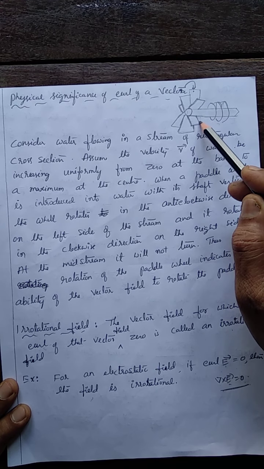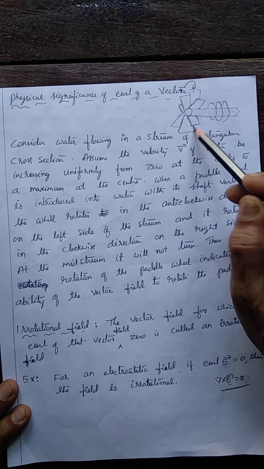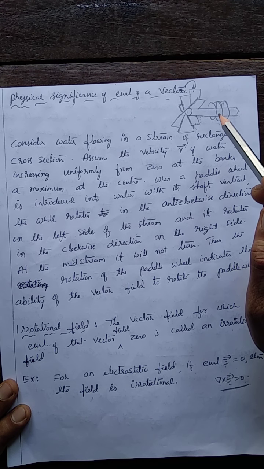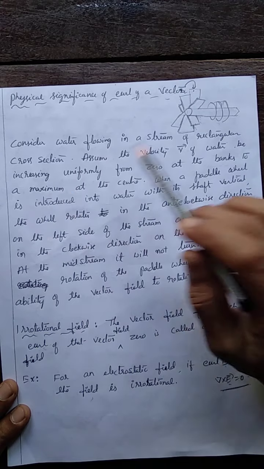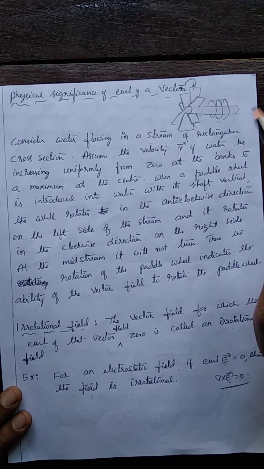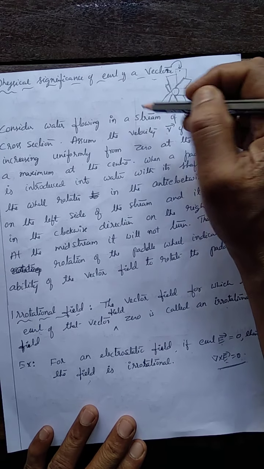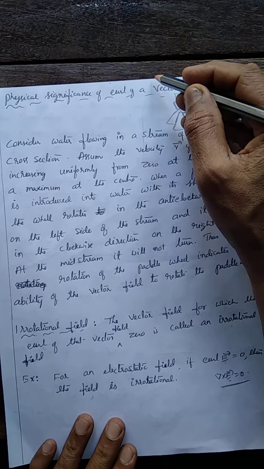See, this is the paddle wheel, a paddle wheel with the shaft. When this wheel is kept in a stream, suppose water is flowing in a stream of rectangular cross section. Let V be the velocity. Suppose the water is flowing in this direction.